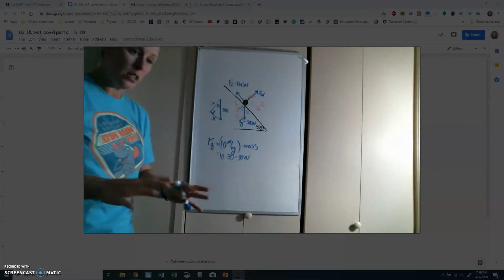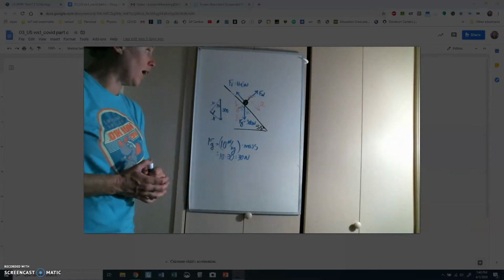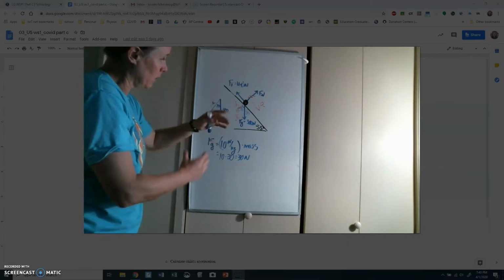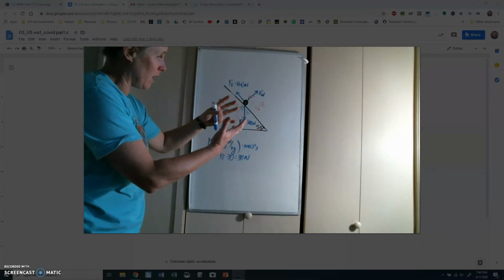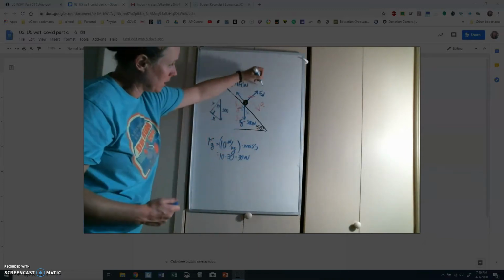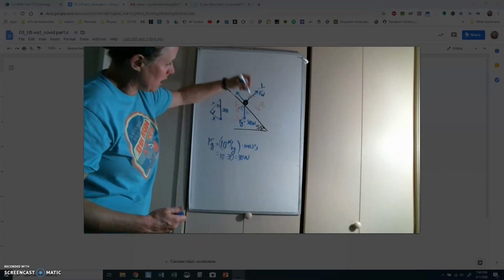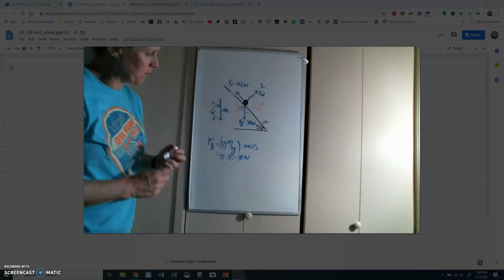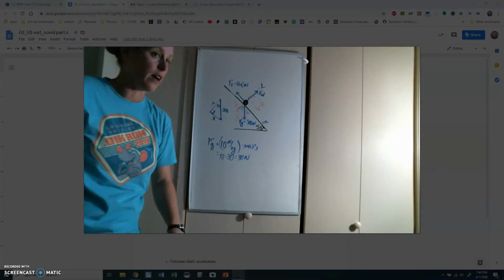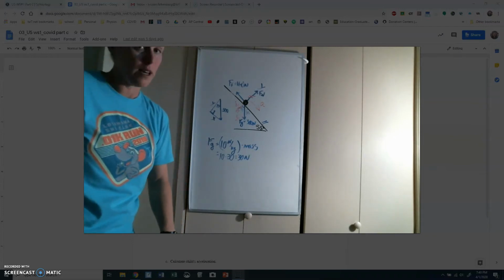So that's your hint, that's your guidance for setting up the problem. You're going to have to find these components and see the equations perpendicular to the plane and parallel to the plane, okay? Find those components and you can solve this diagram and find the acceleration. I hope that helps.